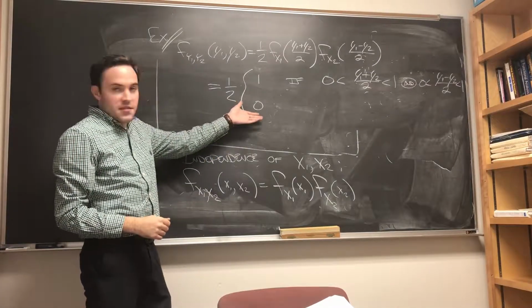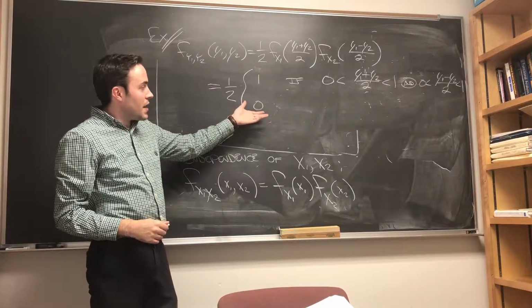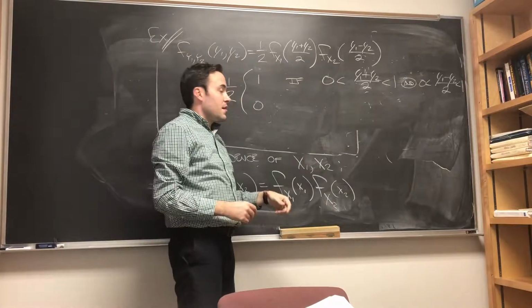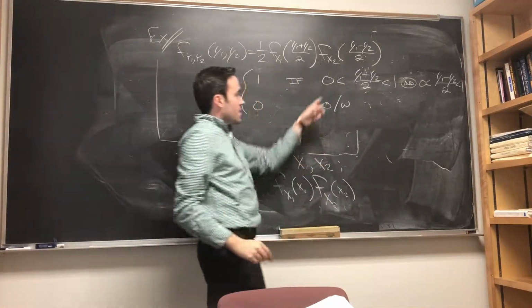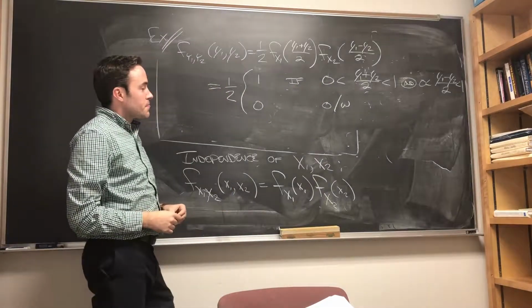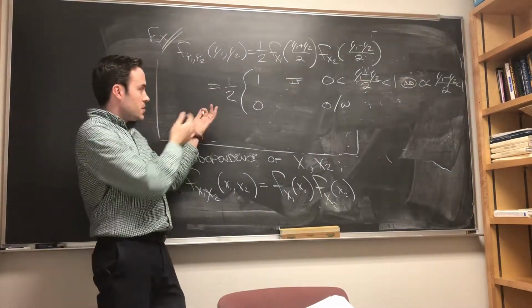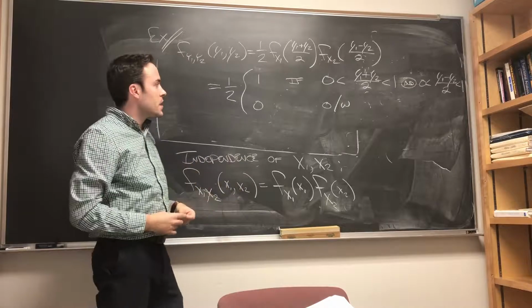And a very simple way of saying what happens if this doesn't occur is just to say that it's going to be 0 otherwise. So if this is violated in any way, then your function will just output 0.